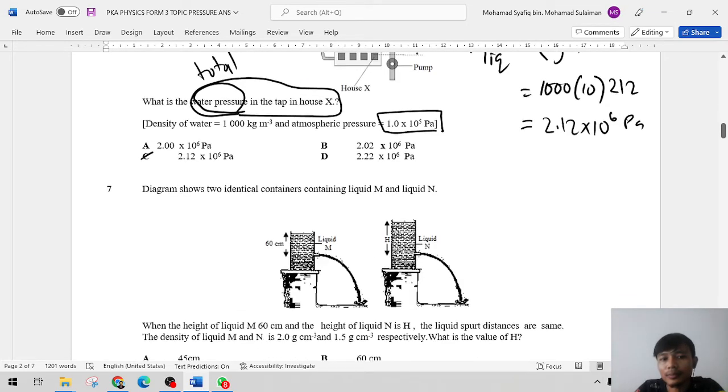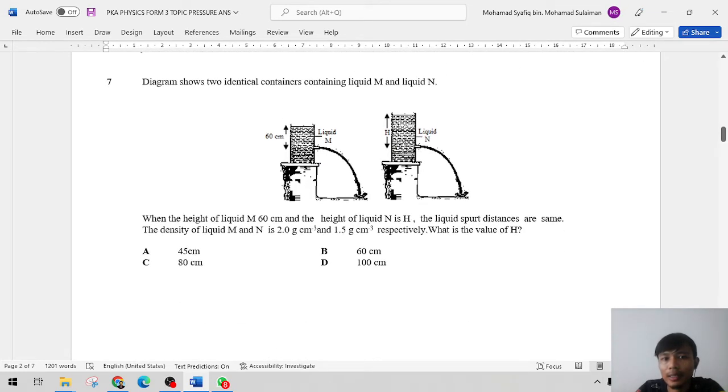Number 7. So we have identical containers but different liquid, M and N. So the depth of the liquid is 60 cm for M, but we don't know the depth of N, right? But it's put the same distance.